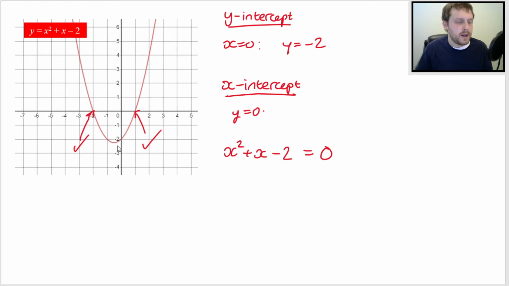And then there's another question which is harder. The question would be, where does it cross the x-axis? So that would be when y is 0, and that puts a restriction on what x is. X couldn't be anything anymore, because now it has to basically solve an equation where y is 0.